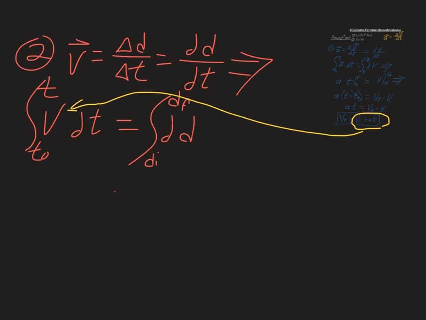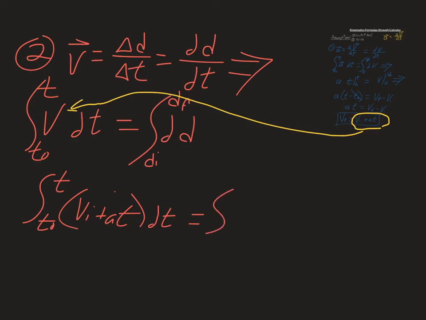With doing that, I now end up with still going to be across t naught to t, but I'm going to have that velocity initial plus acceleration times time, and all multiplied by an infinitesimally small bit of time is equal to, we still have our infinitesimally small displacement from d initial to d final.